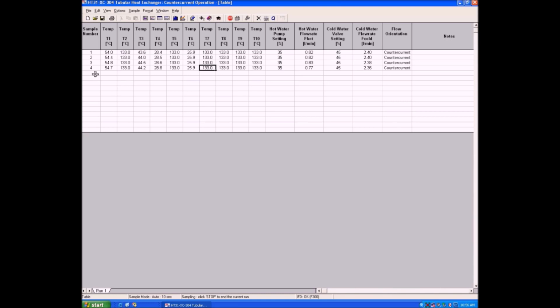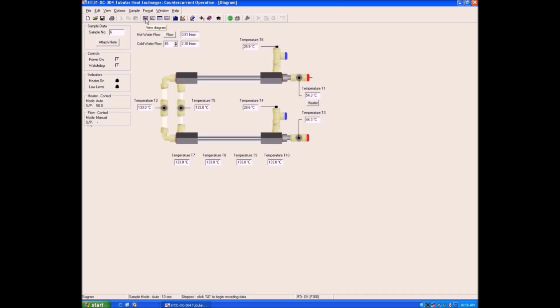So TCR and TCO, THI and THO. We need to record from here. Select the 5 samples, then we'll click on the stop and we will choose any one reading from that. Click on the view diagram and now click heater and we will do the second reading.